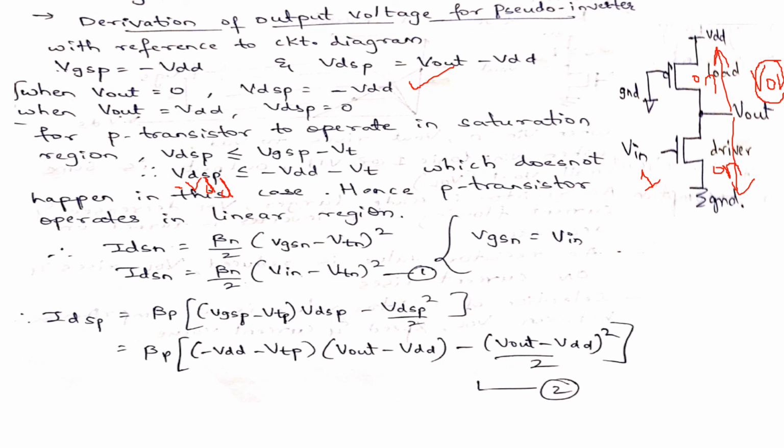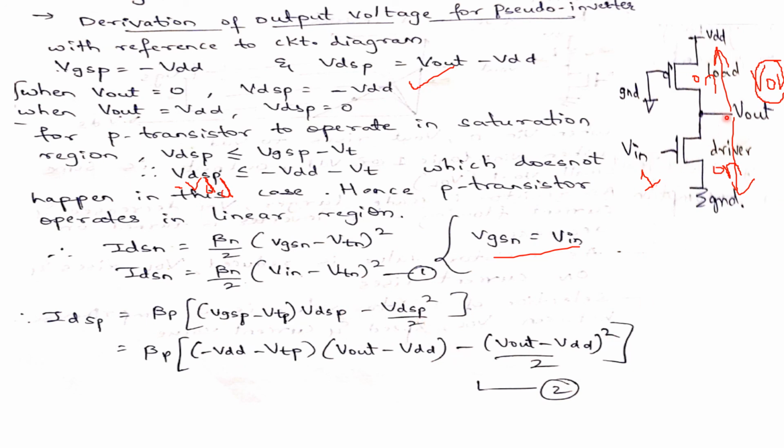And VGSN is Vin. The gate voltage for NMOS is Vin, the source voltage is 0, so VGSN is Vin. Similarly, the P transistor operates in the linear region, so the current expression is beta (VGS minus VTP) VDSP minus VDSP square by 2. Substitute VGSP as minus VDD and VDSP as Vout minus VDD.